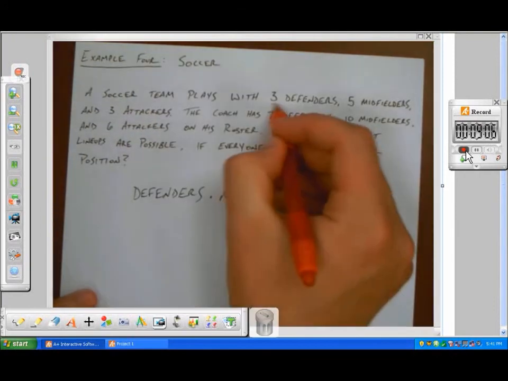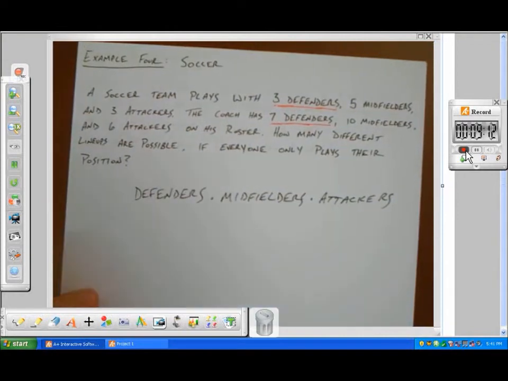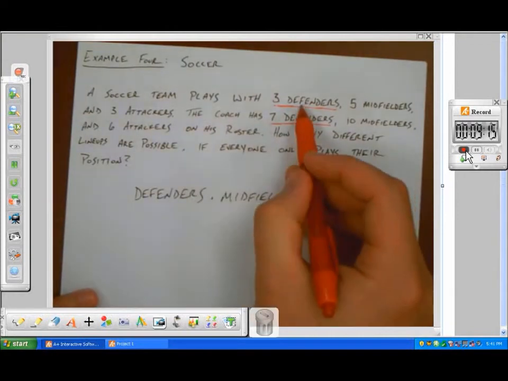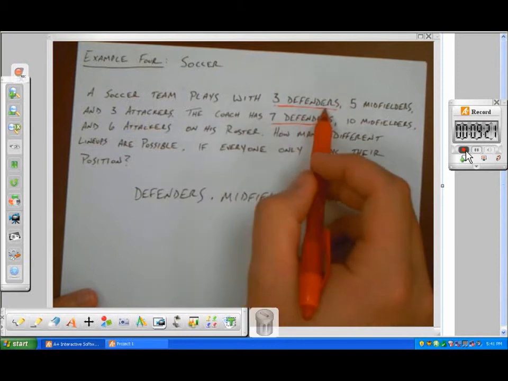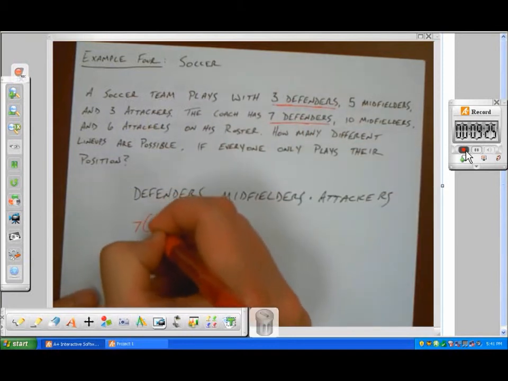So I remember back to what we talked about just the other day with permutations and combinations. Out of the 7, there are 7 possibilities, and I want to choose 3 of them. Since there's no order to this, I know that this is going to be a combination. Out of 7, I'm going to choose 3 of them.